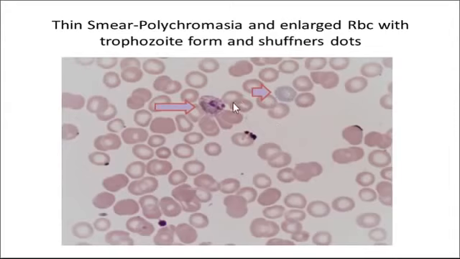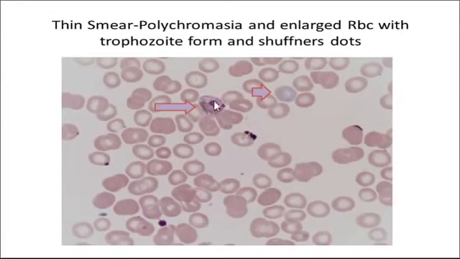And another thing about our infection of Vivax is that the RBC which gets infected by the Vivax gets enlarged. Here you can see the RBC is quite larger compared to the other, uninfected RBCs. Here the infected RBC is quite larger than the uninfected RBCs.